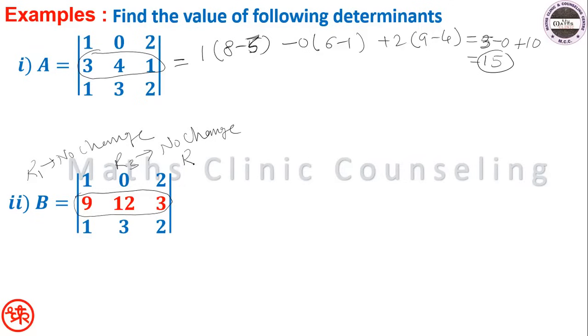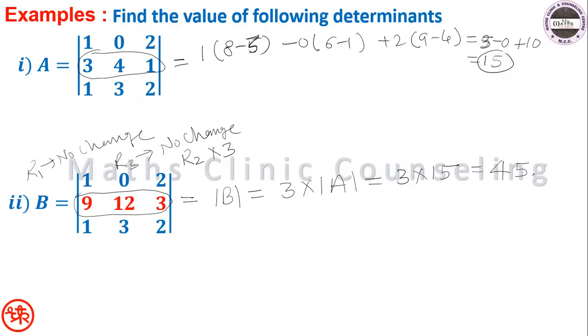But here R2 is multiplied by 3: 3 into 3 is 9, 3 into 4 is 12, and 3 into 1 is 3. So R2 is multiplied by 3, R1 and R3 are the same, and therefore the value of the determinant of B is equal to 3 times the determinant of A. That is, 3 times 15, which is 45.